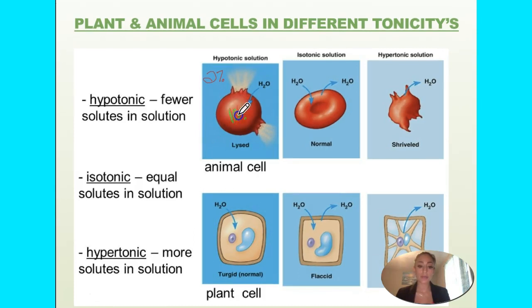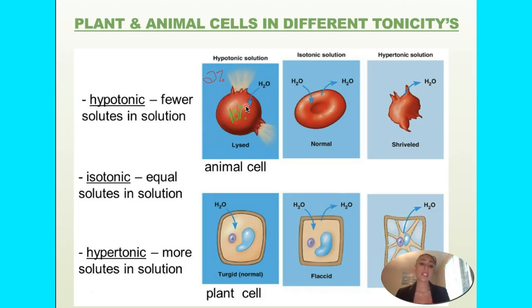This animal cell, or red blood cell, is actually placed in this hypotonic solution. Remember, hypotonic means that the solution on the outside of the cell, in this beaker, is less than what's inside of the cell.